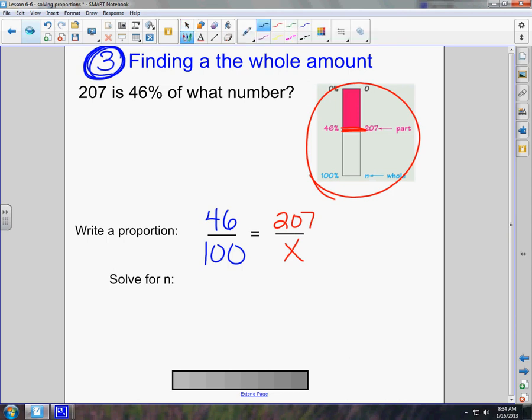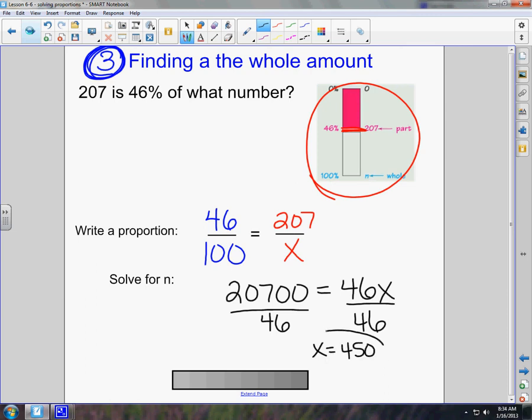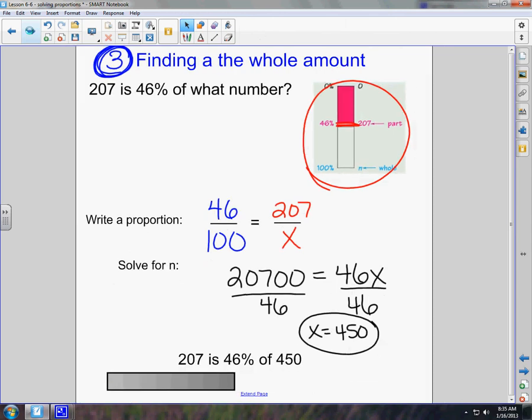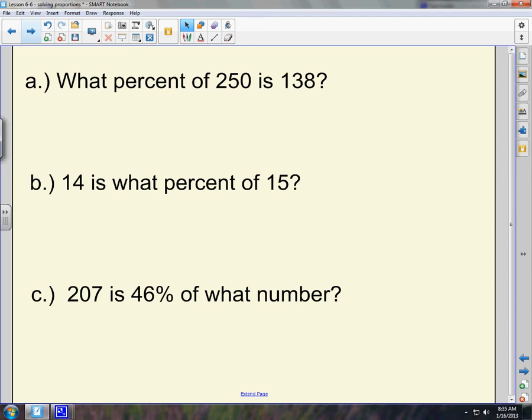So I cross multiply: 100 times 207 equals 46x, and then I divide by 46, which equals 450. So 207 is 46% of 450. All right, try these three problems on your own, and then we will compare answers.